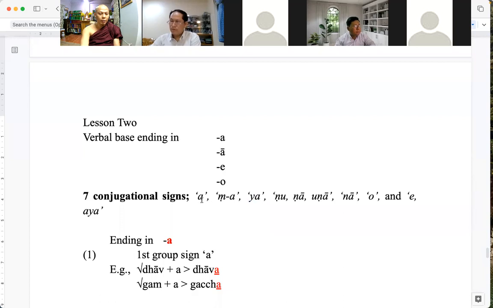The first sign is a, related to the a ending. The second sign, with the nasal, also ends in a. The third, even though it is ya, ends in a. So these first 3 signs end in a.